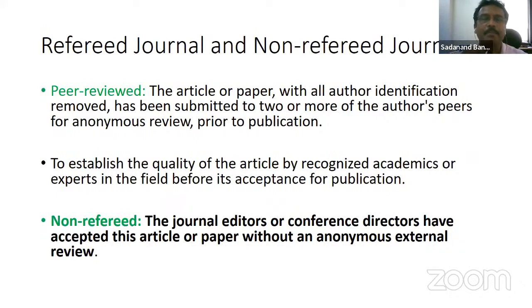So what actually is peer review? Peer review is nothing but review by your own peers, your own colleagues from the same subject, in order to establish the quality of the publication, so that it can be finalized whether the article is to be accepted or denied. That is why it is called peer review.